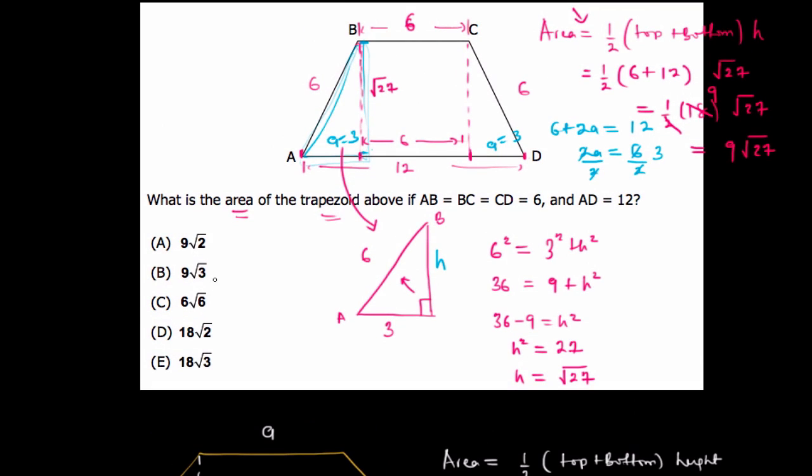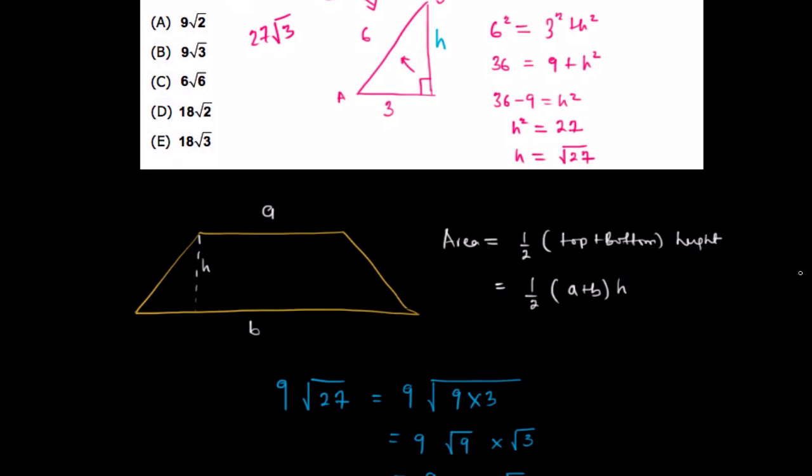Now obviously when you check the options here, you would observe there is no 27 square root of 3 here. What I'm going to advise is that when you check here, none of them have the similarity that we have here.